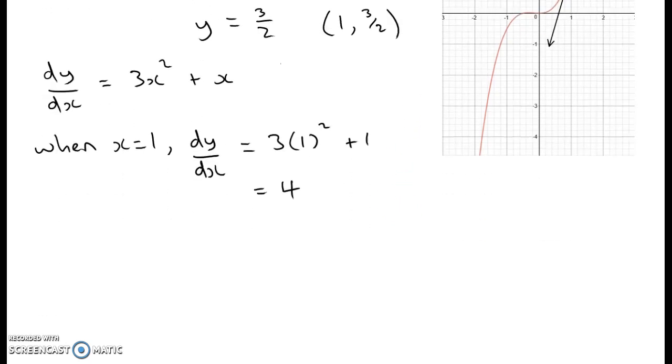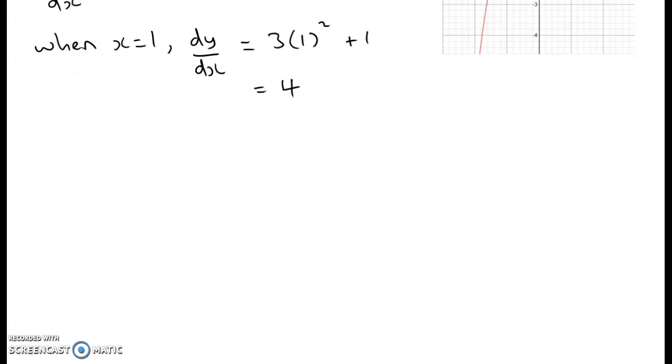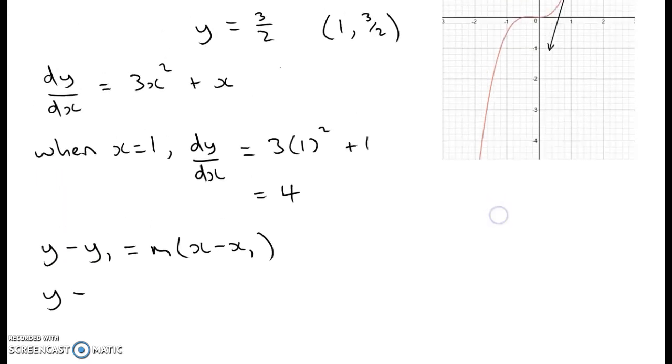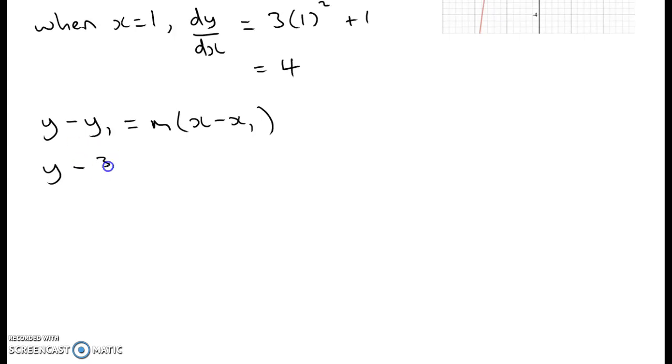Alrighty, so we've got enough information now to find the equation of that tangent line. Using the point-gradient rule for finding the equation of the line, y minus y1 equals m(x minus x1), we get y minus 3 over 2 equals 4(x minus 1).